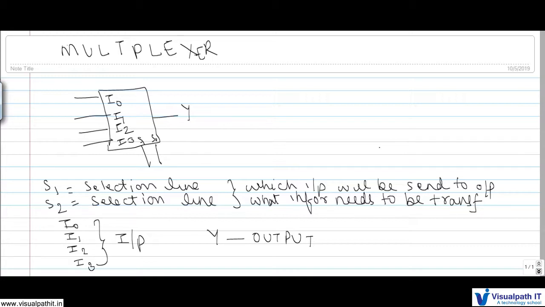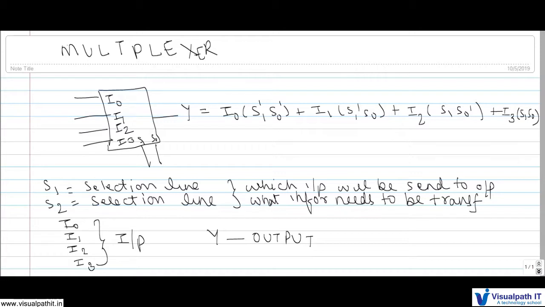The output Y will produce I0 if, let's assume, the selection lines S1 and S0 are both 0. Generalizing it: I0 is selected with S1 dash S0 dash, I1 with S1 dash S0, for I2 it will be S1 S0 dash, and for I3 it will be S1 S0.